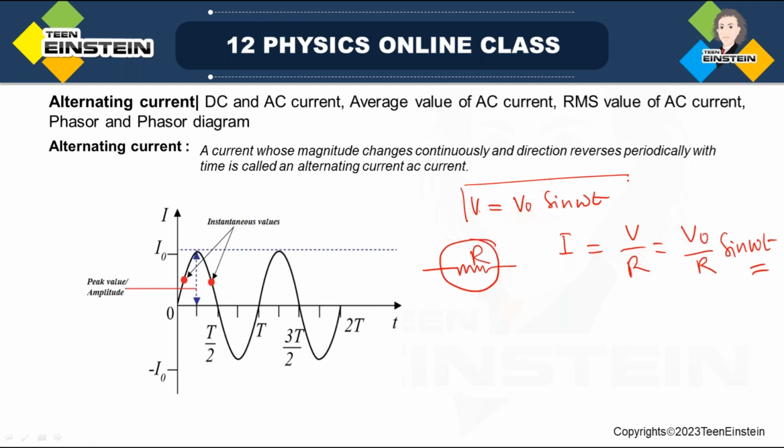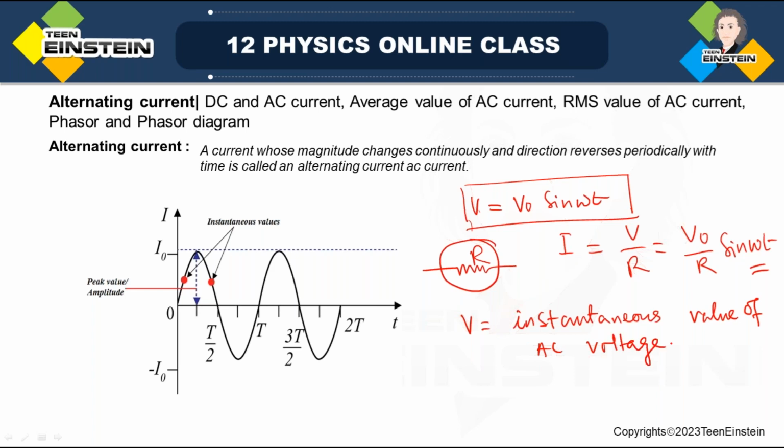In this expression, you might have already learned what the terms mean. If I take the voltage itself, this V is actually called the instantaneous value of AC voltage.